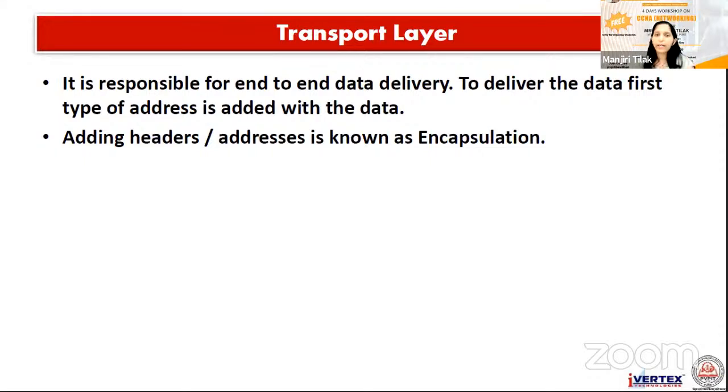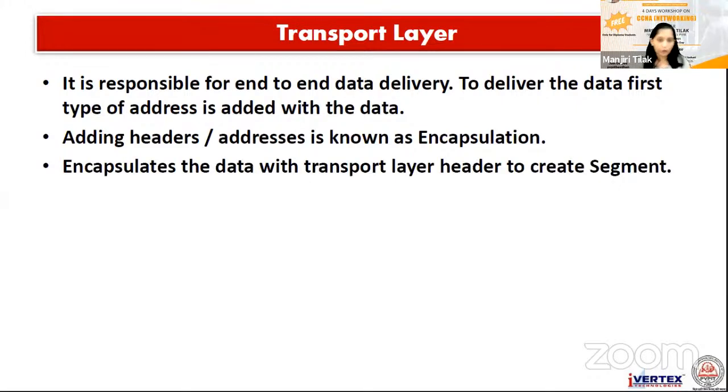But when your data comes to the transport layer, in order to send that data from source to destination, the transport layer is going to add the first kind of address to it, and now your data will be converted into a different format, and that is known as encapsulation of the data, right? So it encapsulates the data with a transport layer header or transport layer address, and the new term given to data is segment, right?